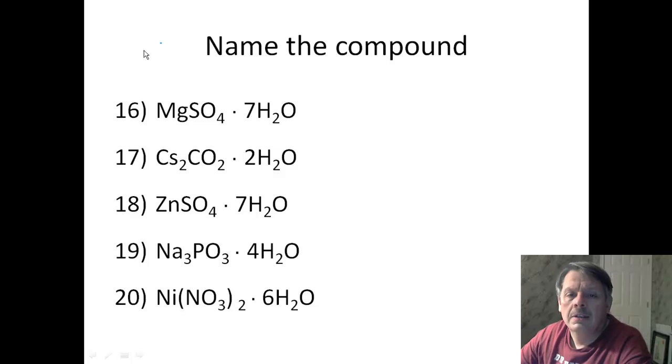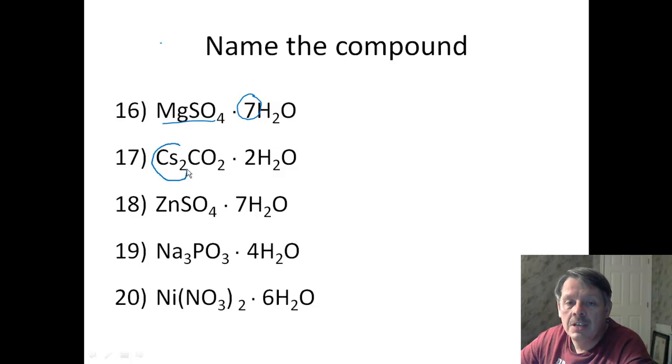Okay, number 16 is magnesium sulfate. I'm just going to read these to you so we don't take so much time. Magnesium sulfate, and the 7 is heptahydrate. This is Cs for cesium. The CO2 is carbonite, not carbonate, but carbonite, and dihydrate.